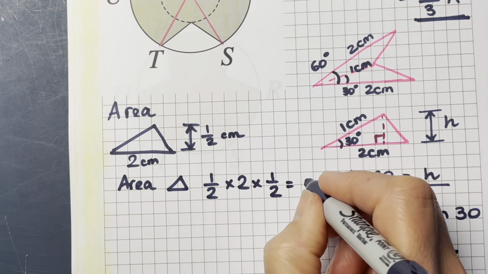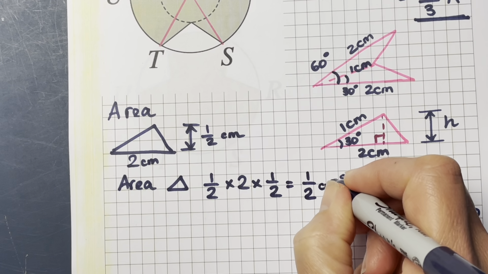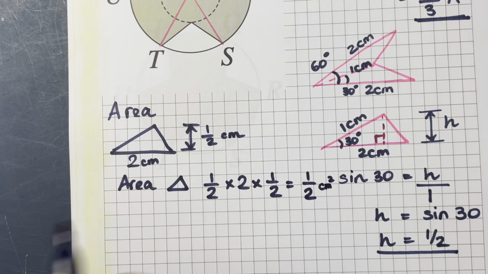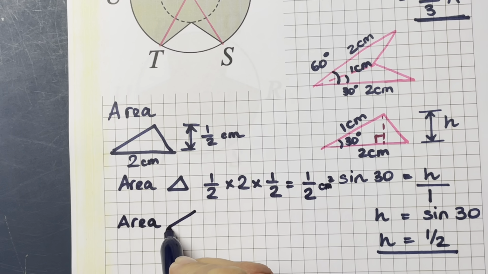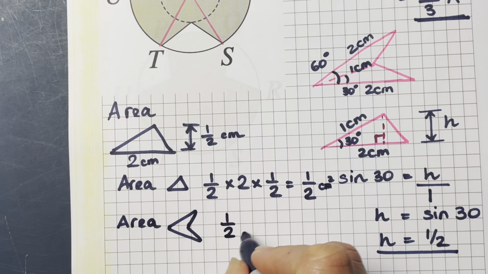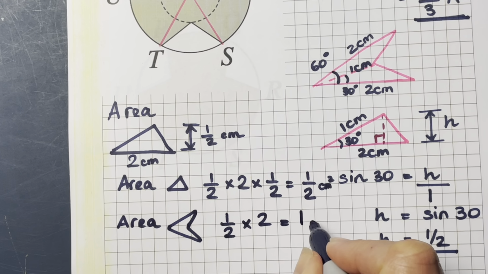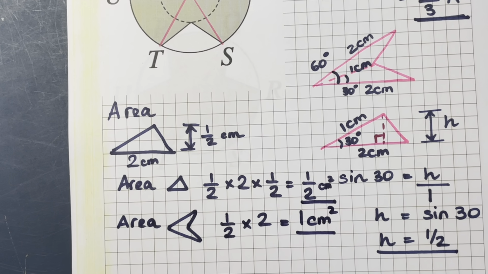That's going to give me an area of 1/2 centimetre squared. Now remember, I want the area of my quadrilateral, my arrowhead. So that's going to be 2 triangles. So it's going to be 1/2 multiplied by 2, which gives me 1 centimetre squared. I think we're nearly there.